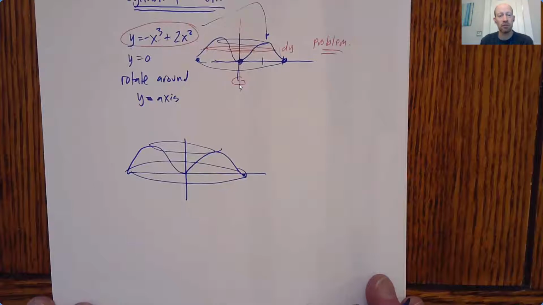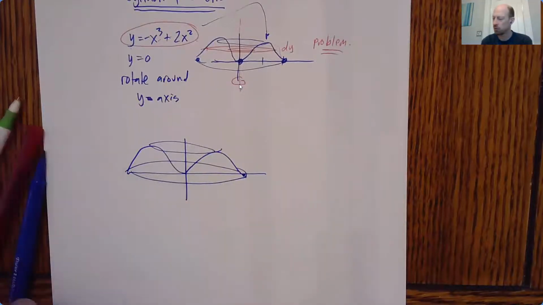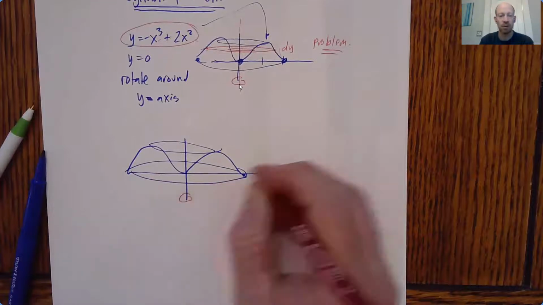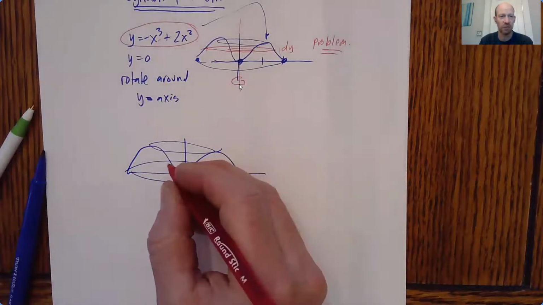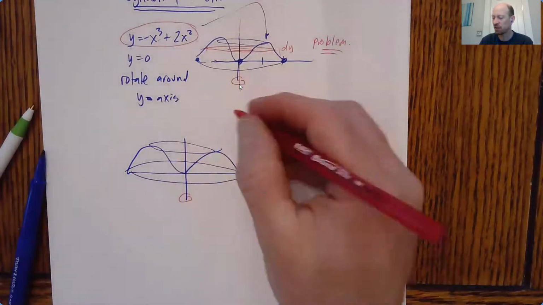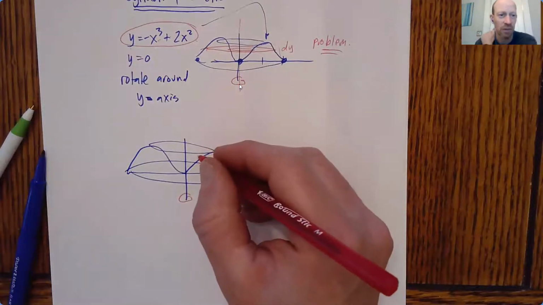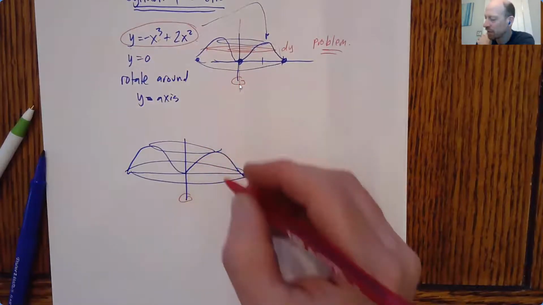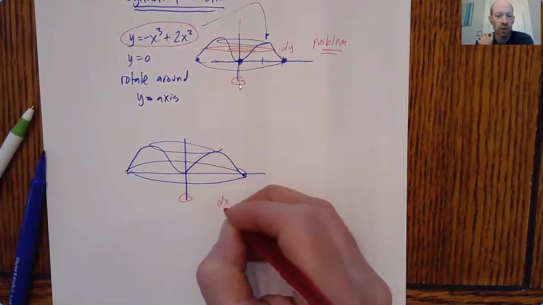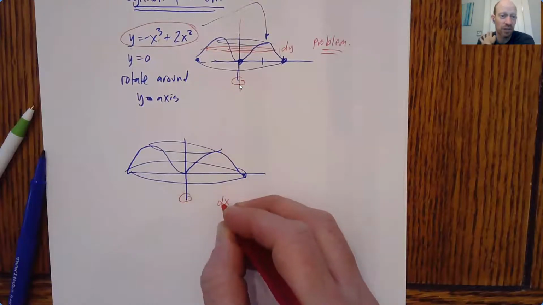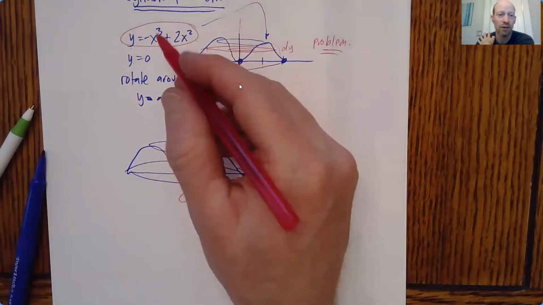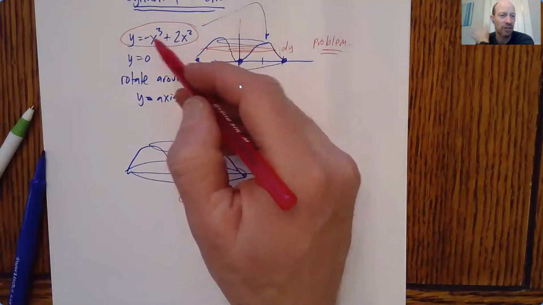And so what we're going to do here is, instead of slicing perpendicular to the axis of rotation, I want to slice it vertically, parallel to the axis of rotation, because if I do that, I'm going to get a dx. And dx is good in this case because I know how to change any y values into x values.